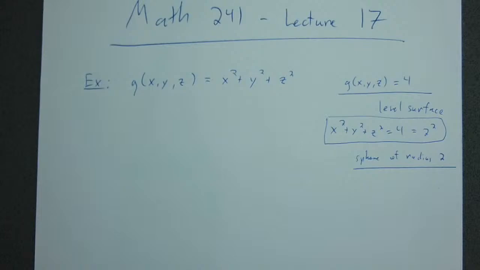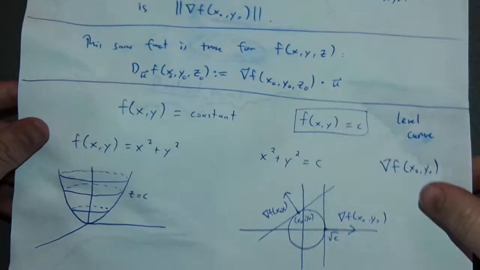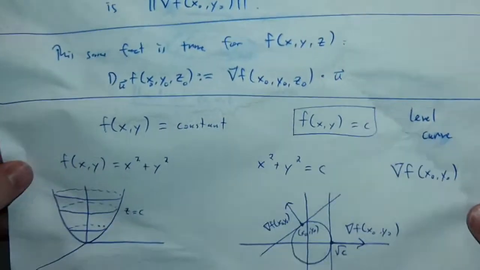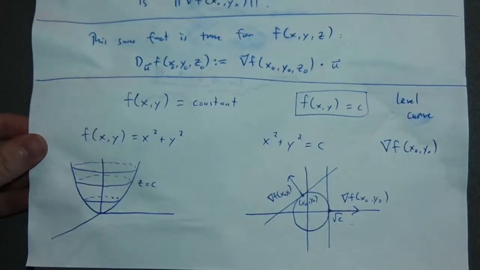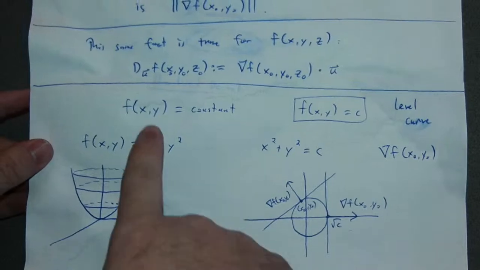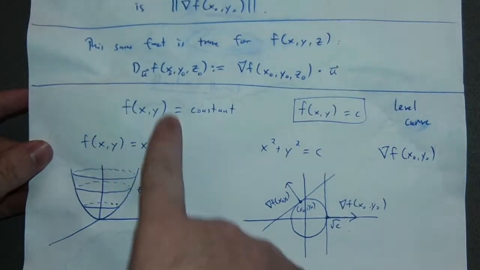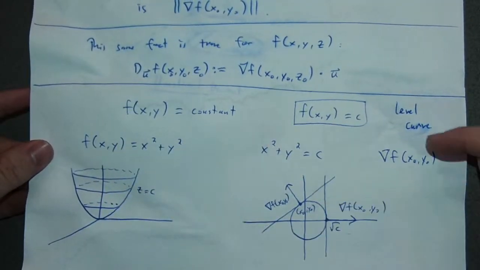Okay, and of course, the reason why I wanted to think about this as a level surface is this is where I'm headed, right? So, oh no, my paper from last time got wet. Well, that's okay. So from last time, I saw that if I had a function of two variables, and I set that equal to a constant, that was a level curve, right?